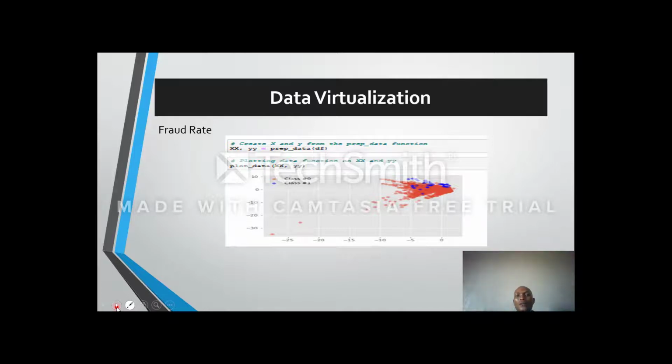Using a scatter plot, we can see that the class of 1, which happens to be our target, the class of fraud, is quite imbalanced compared to the non-fraud observations. So this tells us that the rate of fraud is significantly rare compared to the non-fraud observations.